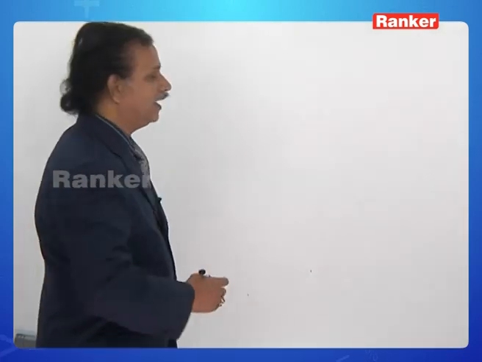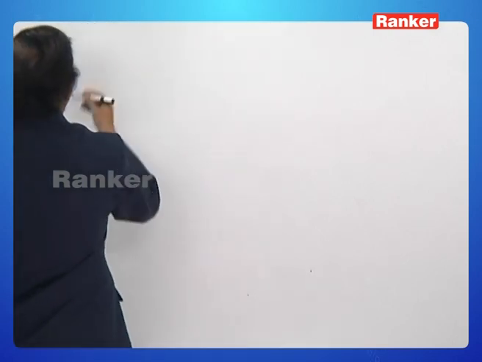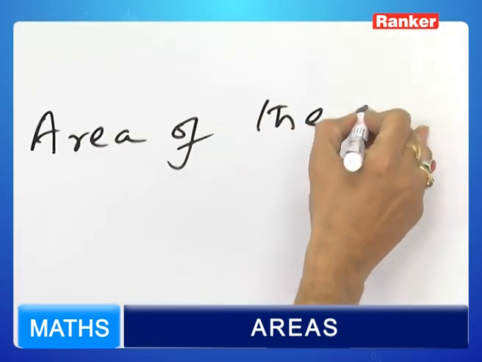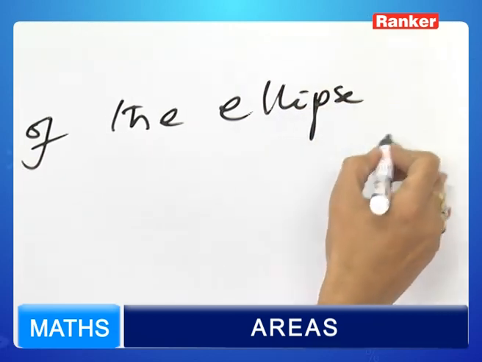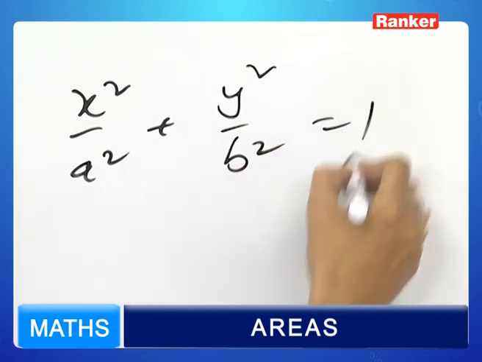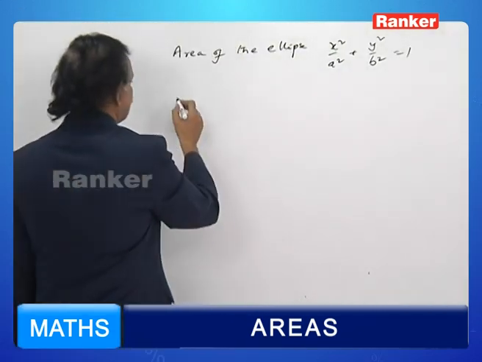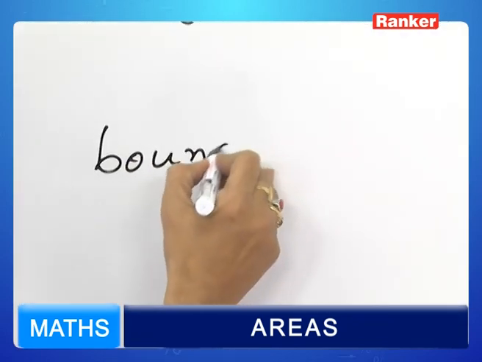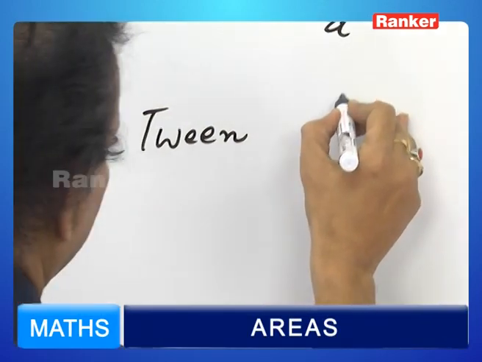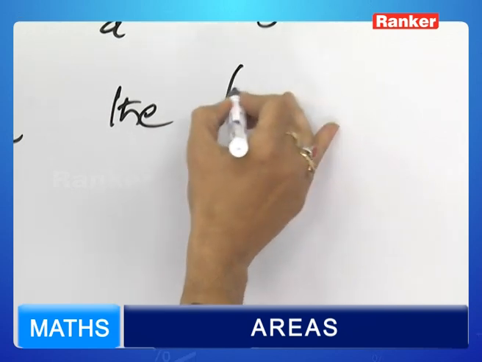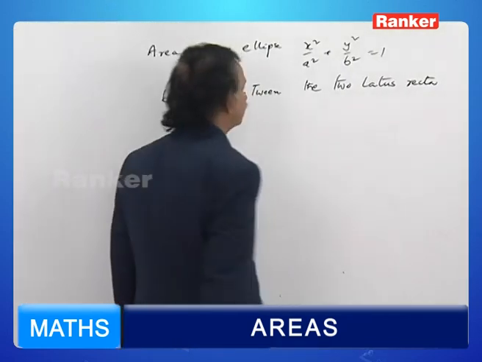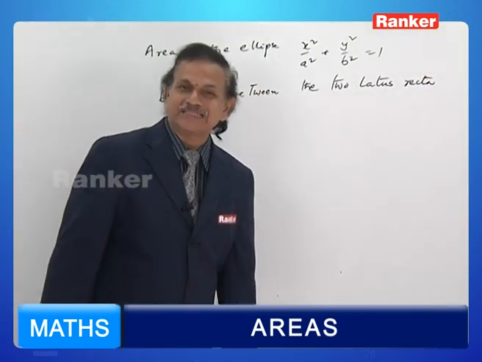Now the question before us is: what is the area of the ellipse x square by a square plus y square by b square is equal to 1, bounded between the two latus recta?